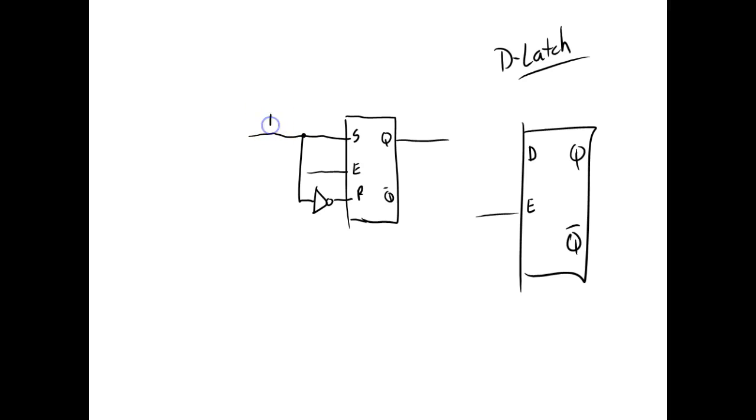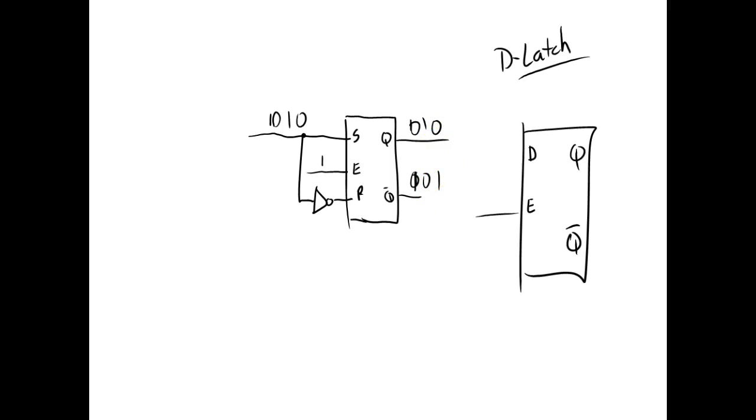But if this goes to a 1, and I enable this thing, what's it going to do? This will be a 1, this will be a 0, so it's going to set. Well, what if I leave it enabled? And then I go right here, this will be a 0, then it's going to reset. If this goes to a 1, it's going to set. If this goes to a 0, it's going to reset.